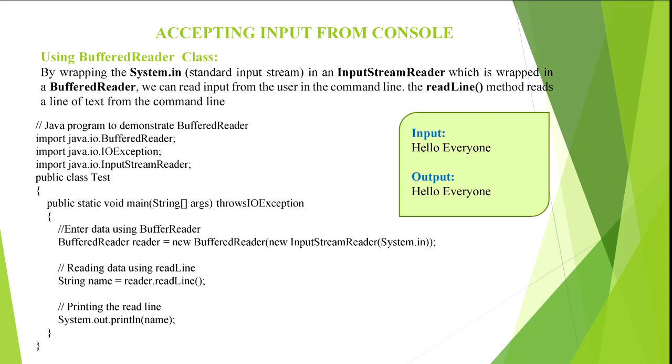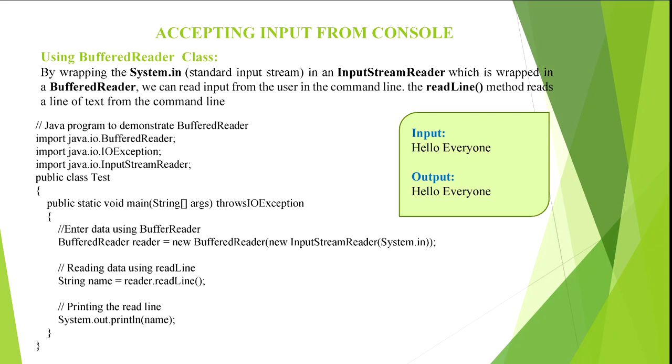Just see the first line in the main method body: from the right side, System.in is wrapped in the InputStreamReader, which is again wrapped into the BufferedReader. It means you can read the input from the command line, and if you want to read a line of text, then you must use the readLine method.